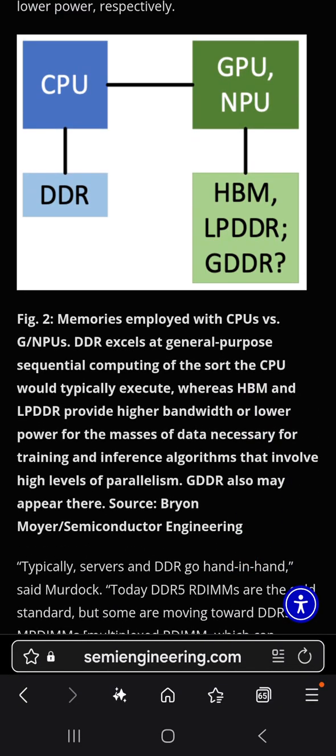Memory employed with CPUs versus GPUs. DDR accelerates general purpose sequential computing of the sort a CPU would typically execute, whereas HBM and LPDDR provide higher bandwidth or lower power for the masses of data necessary for training and inference algorithms that involve a high level of parallelism. GDDR also may appear there.